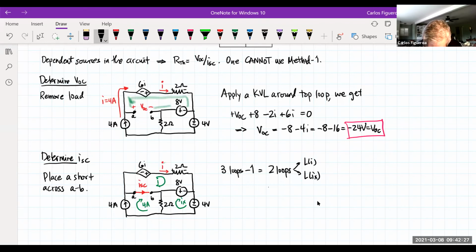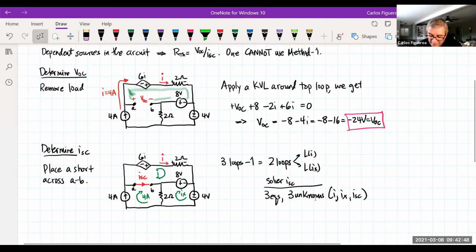But I'm going to choose a solver for I short circuit. So that should give me 3 equations, 3 unknowns. So that means I'm going to have I, IX, I short circuit. So let's go do it.